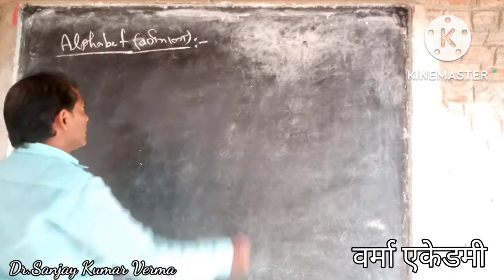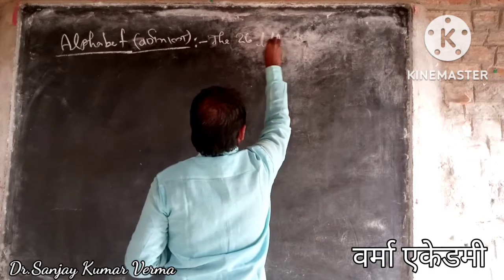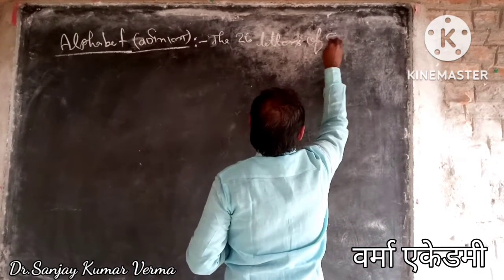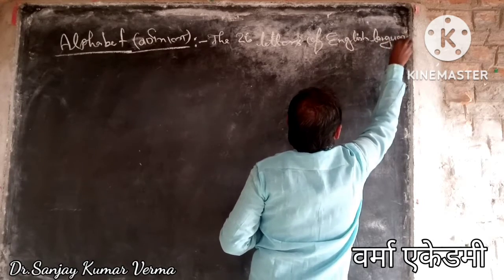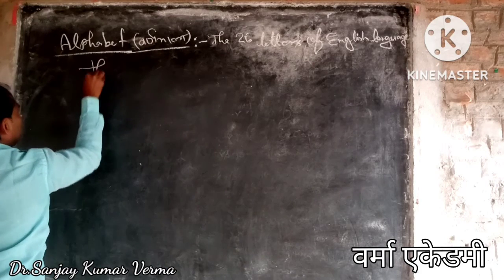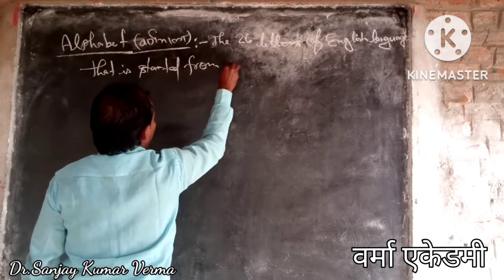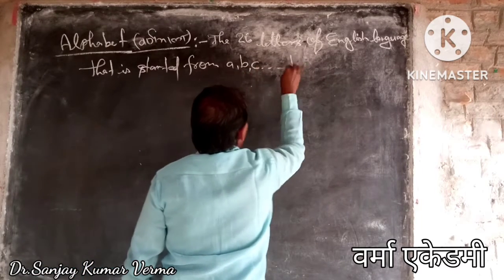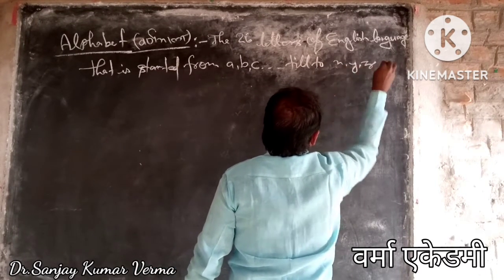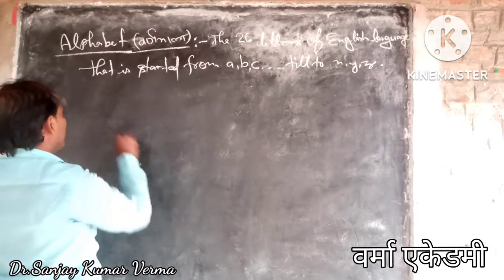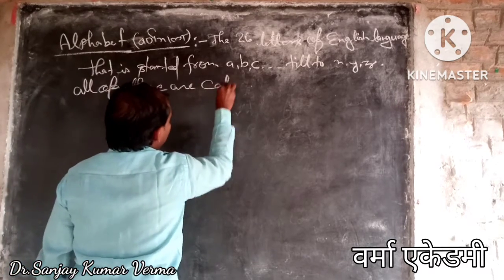The 26 letters of the English language that start from A, B, C, dot, dot, dot, to X, Y, Z. All of these are called an alphabet.